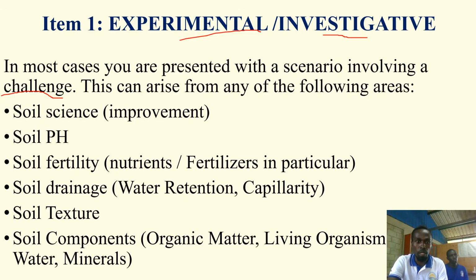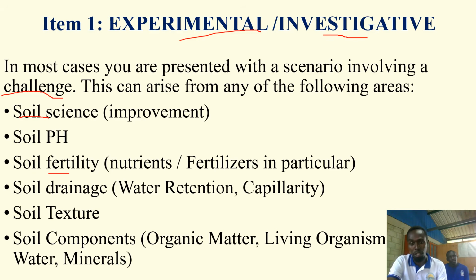For example, in soil science, which we refer to as soil improvement, we may talk about soil pH, we may talk about soil fertility, and in soil fertility, we want to do an experiment or an investigation on fertilizers, or in simple terms, on particular nutrients. There are those that are macro, there are those that are micro.